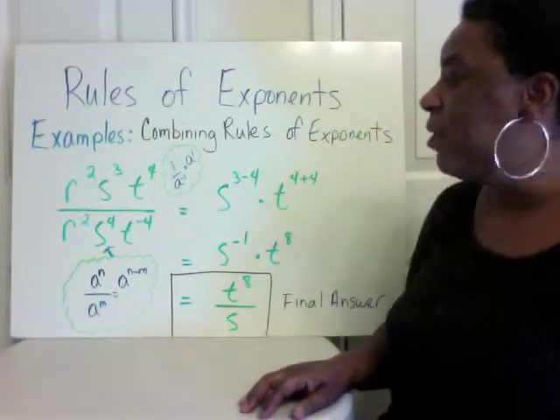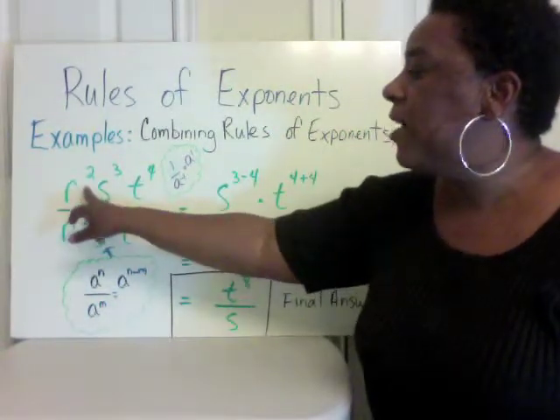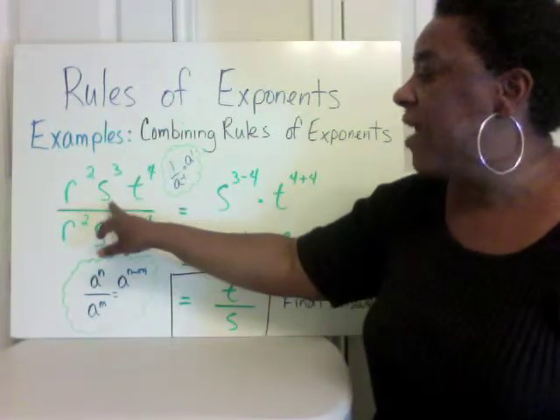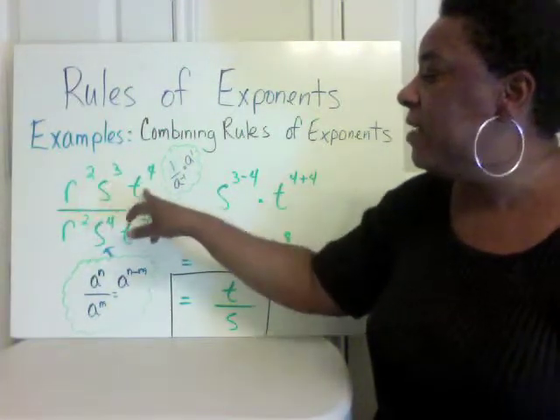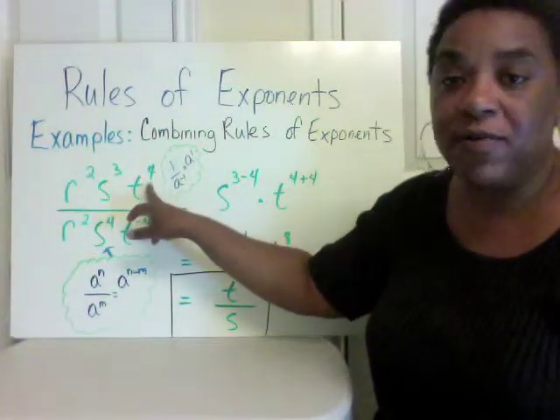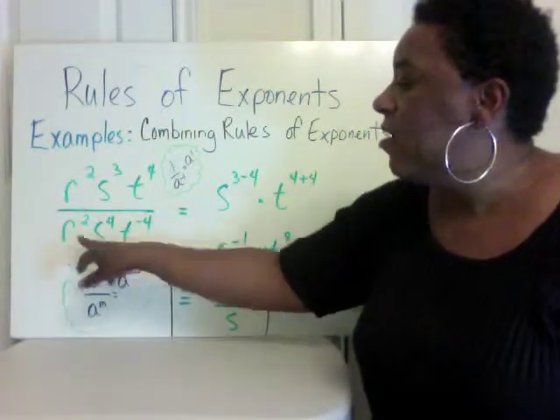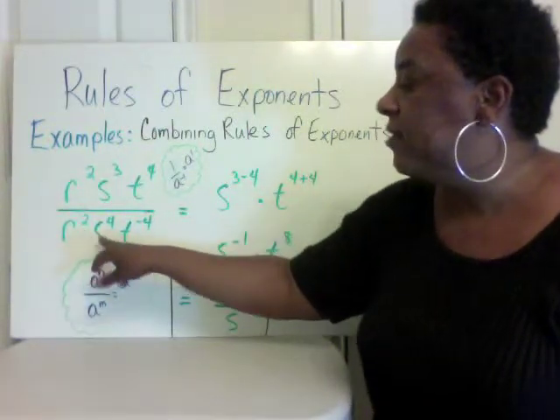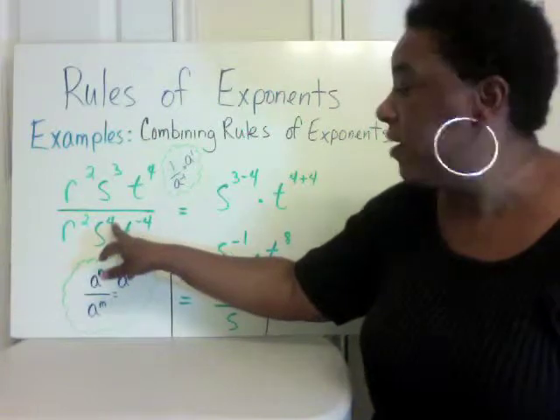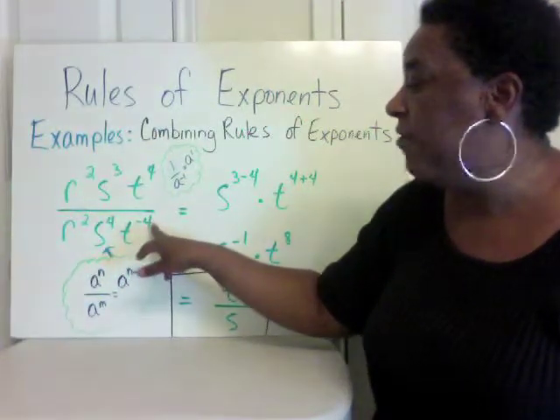Now in this example we have r raised to the power of 2 times s raised to the power of 3 times t raised to the power of 4 divided by r to the power of 2 times s to the power of 4 times t to the power of negative 4.